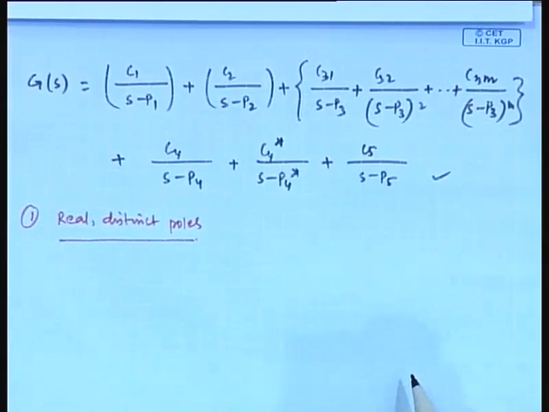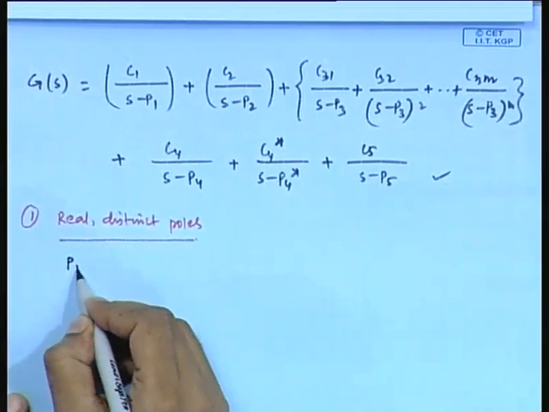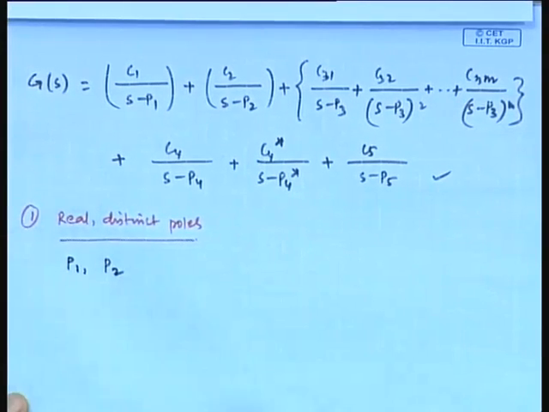In this case we will consider just the two poles, both are real and both are distinct. Those two poles are P1 and P2.